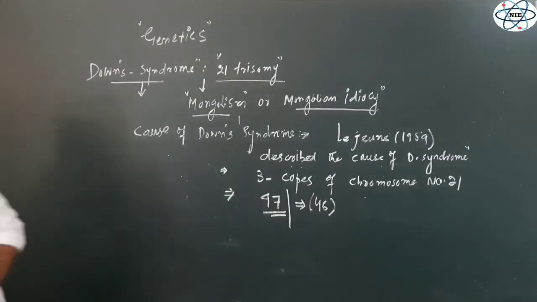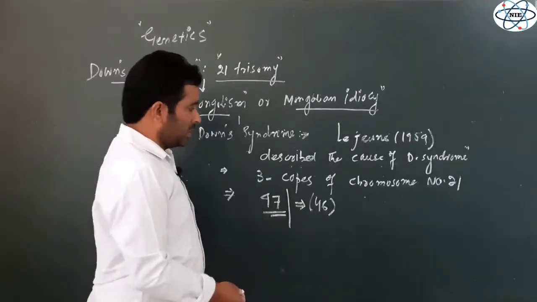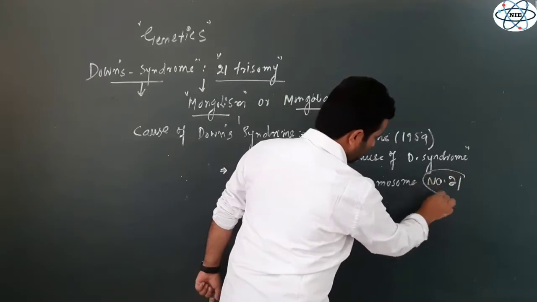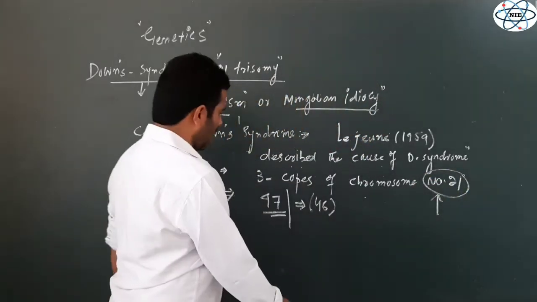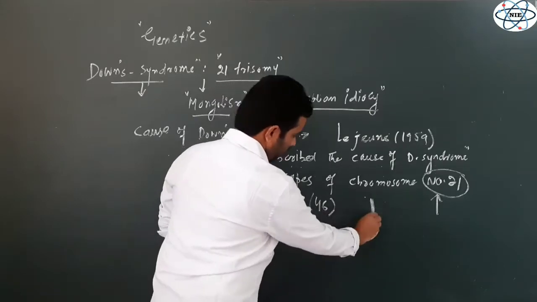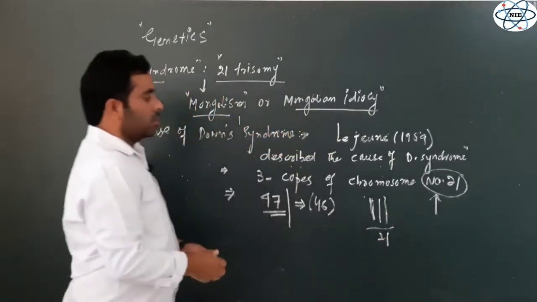But again, the question is, which chromosome is extra? The chromosome whose copy is extra is again chromosome number 21. So there are 3 copies of 21 instead of 2.